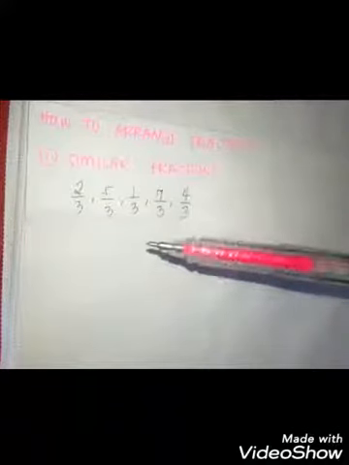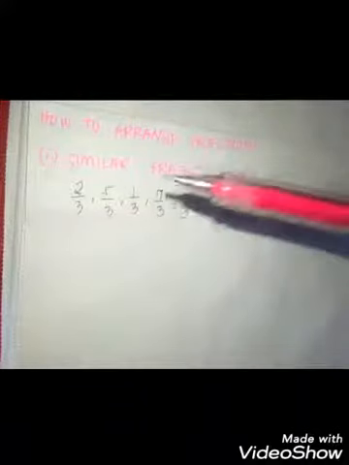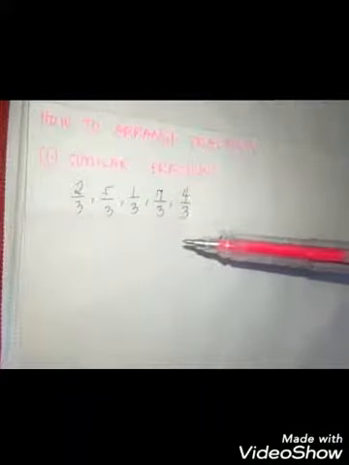Let's suppose that we will arrange this group of similar fractions from least to greatest. Just like arranging whole numbers, if from least, we will start from 1, then followed by 2, then 3, and so on. The numerators are 2, 5, 1, 7, and 4.